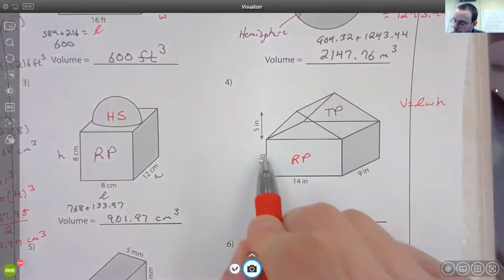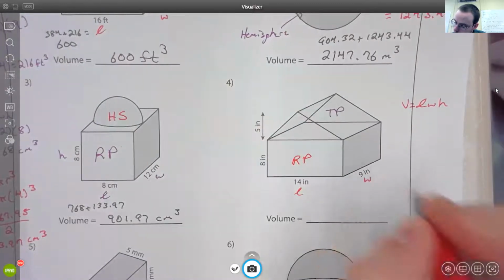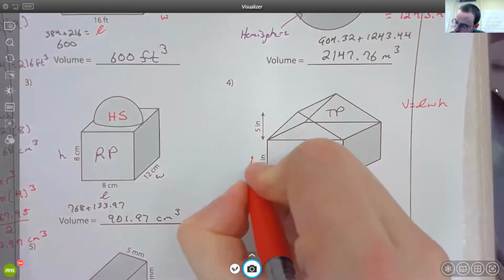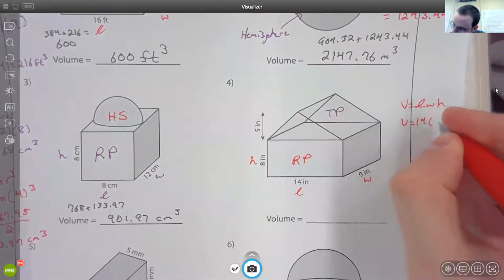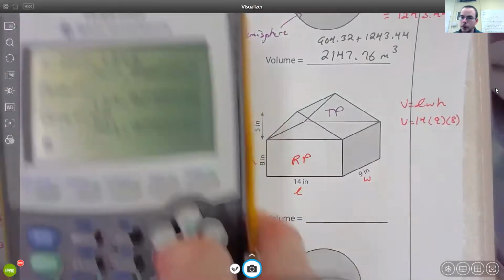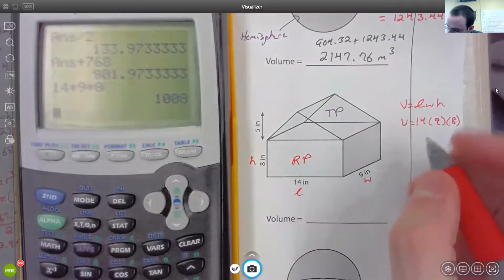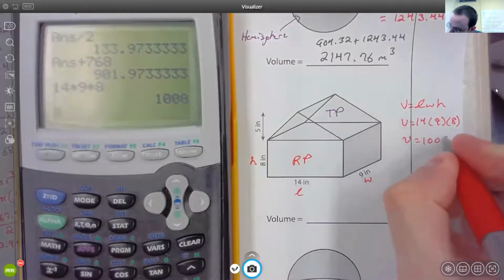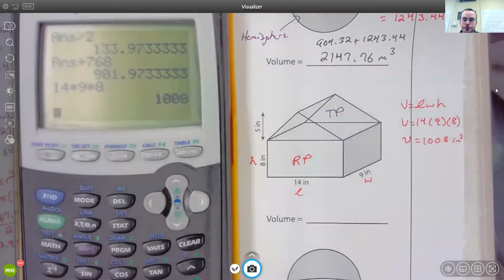So we have 14 as our length, 9 as our width, and 8 as our height. So the volume is going to be equal to 14 times 9 times 8. When we plug that in, that gives us 1,008 inches cubed for the volume.